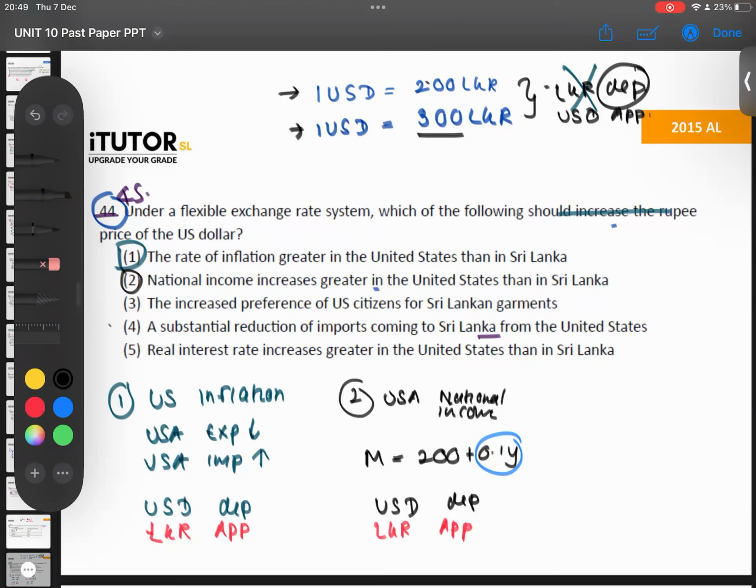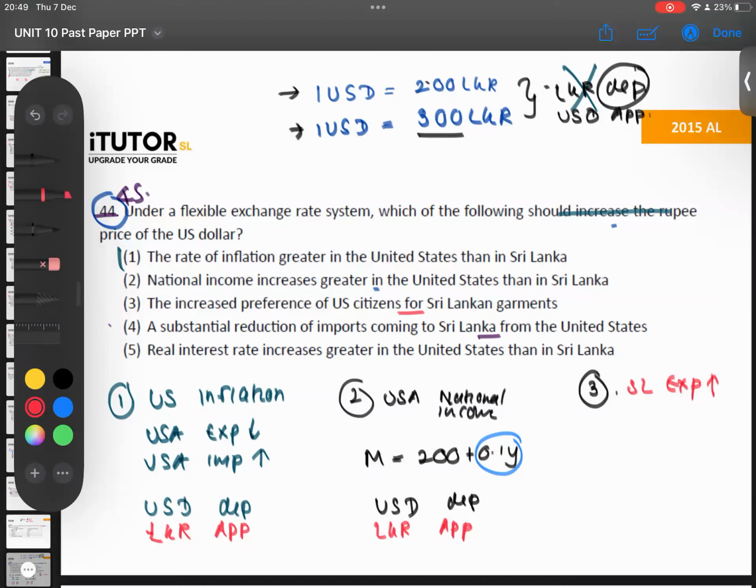Then number 3, they are saying increased preference of US citizens for Sri Lankan garments. See, this is how you read it. There is no mistake in the question. The question is correct. If US citizens prefer Sri Lankan garments, what will happen, Lamai? That means Sri Lanka's exports will increase. You all agree with me?